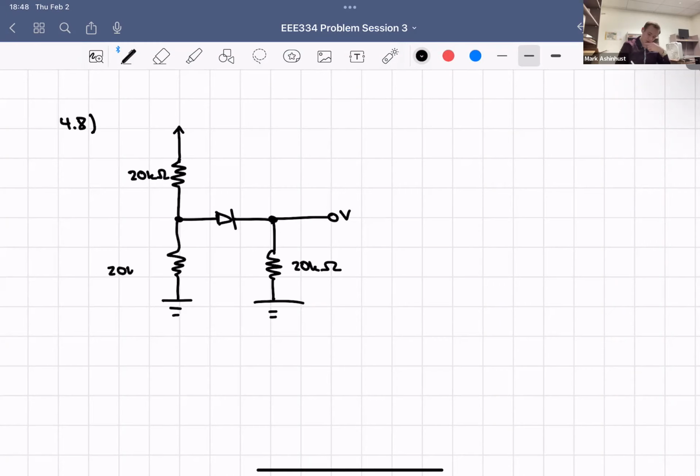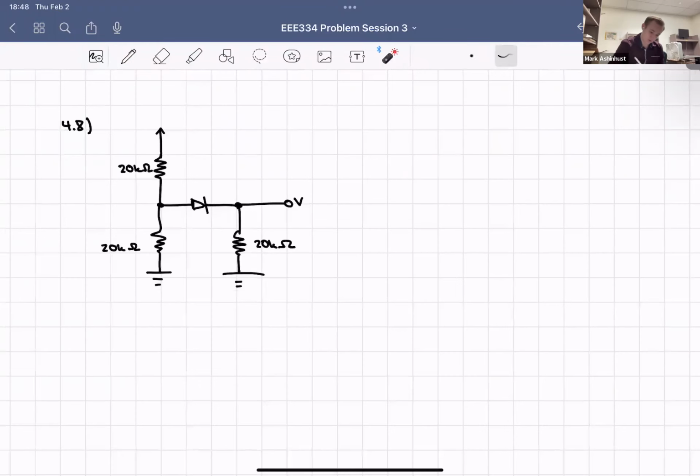So what I'm going to do is the diode will be shorted. Using Thevenin's theorem, the 20K will be removed. We'll get rid of that. And then all voltage sources, current sources, we don't have those.